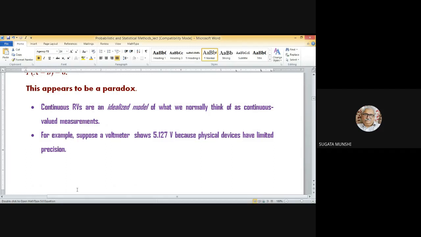What does it mean actually? It means that the random variable representing the voltmeter reading can take on values from 5.1265 to 5.1275 volts. All right. So that is the meaning.